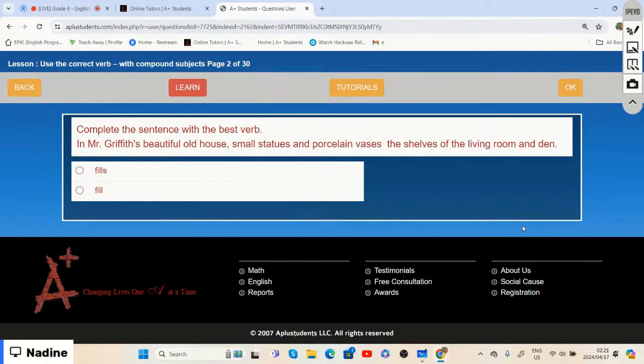It says, in Mr. Griffith's beautiful old house, small statues and porcelain vases, do we say, fills the shelves of the living room and den, or full?